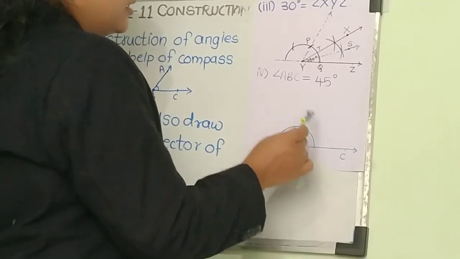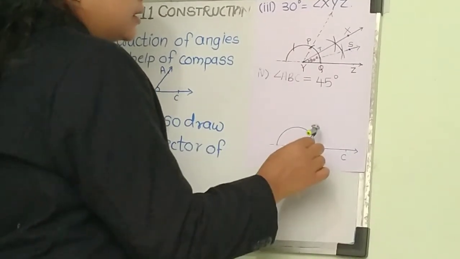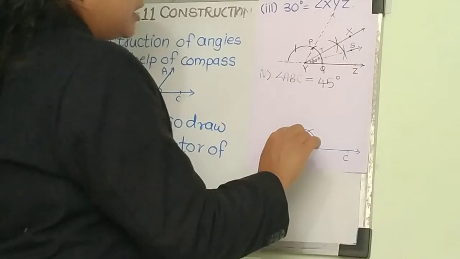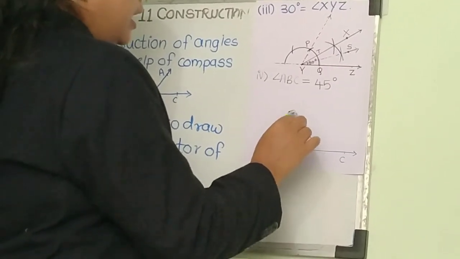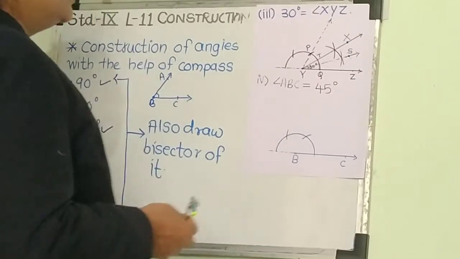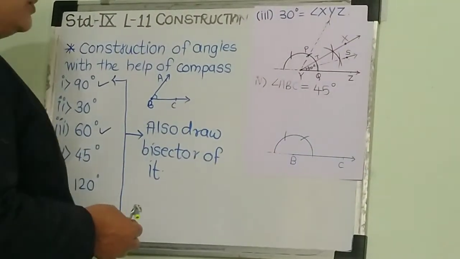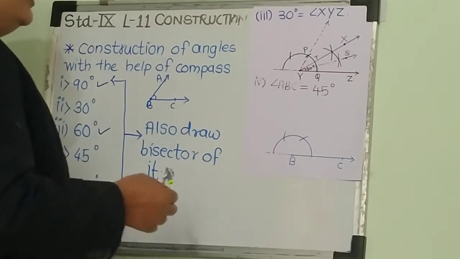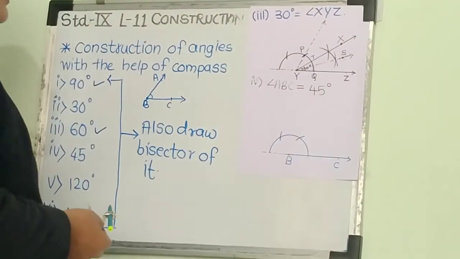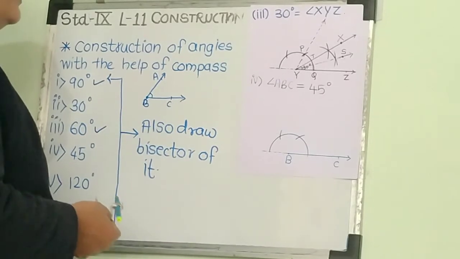Then with same distance, we are going to mark the arc. So first arc it is of 60-degree and second arc it is of 120-degree. Same process we have to follow. Then we know that 45-degree is the half of 90-degree.